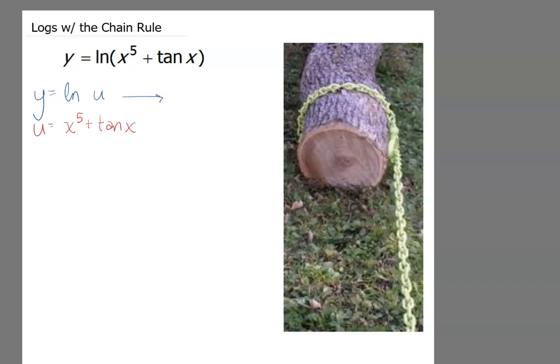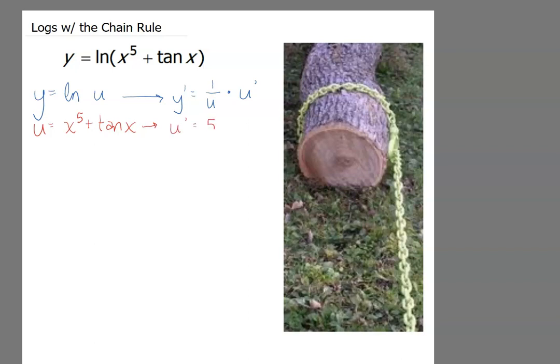And so, if everything were normal, right, if this were natural log of x, then the derivative would just be 1 over x. So I'm going to go with 1 over u, but as always, and for precisely the same reason, I need a fixer piece of u prime. And then we go find the u prime.